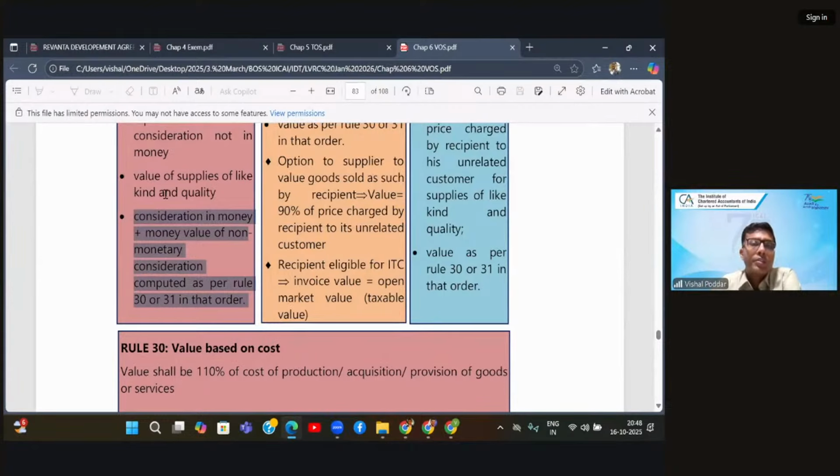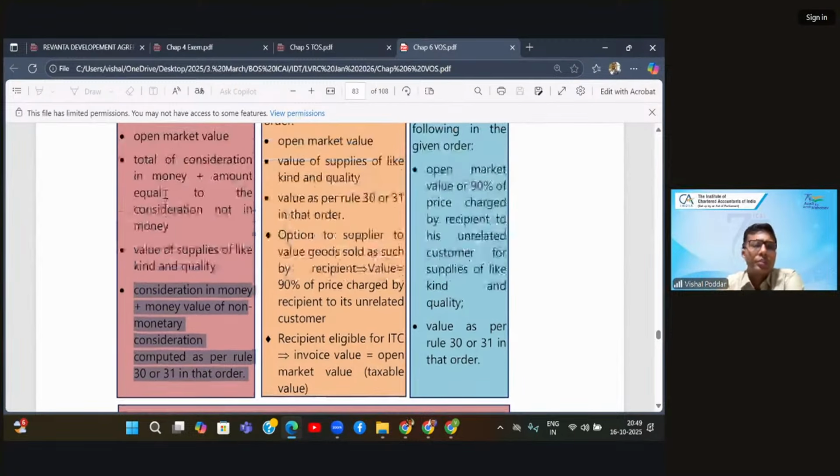The other rule says you apply logic, you apply the above provisions in a manner that you are able to find out the value. So rule 30 says cost plus 10%. Rule 31 does not provide any mechanism. It says you find out the value in the best possible manner considering the generic provisions which you study in this entire section.